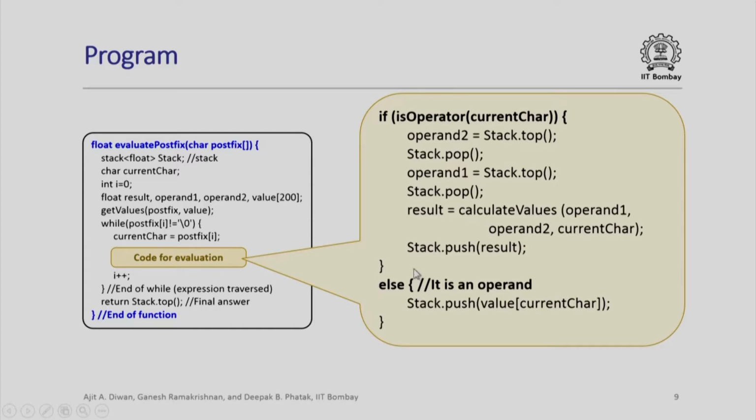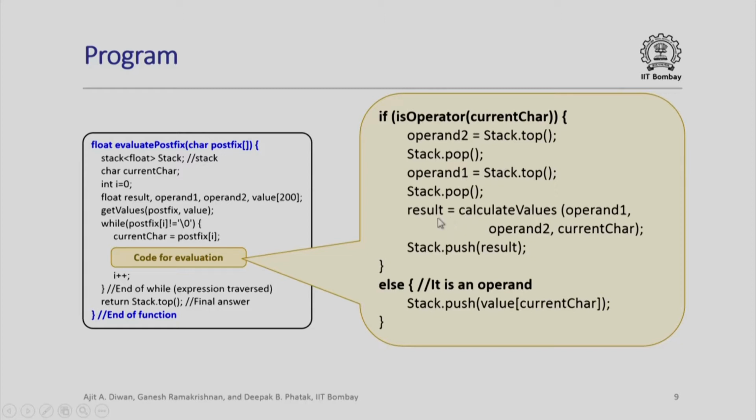Let us look at how the actual operation is evaluated if the character is an operator. What we are supposed to do, you recall from that logic that we had examined earlier, we first take the top of the stack and assign it to operand 2, then we pop that element out. Then we take the top of the stack and assign it to operand 1, we pop that element out.